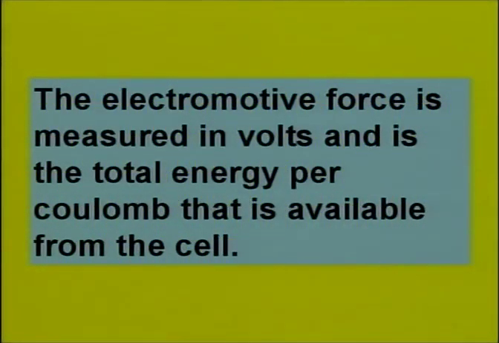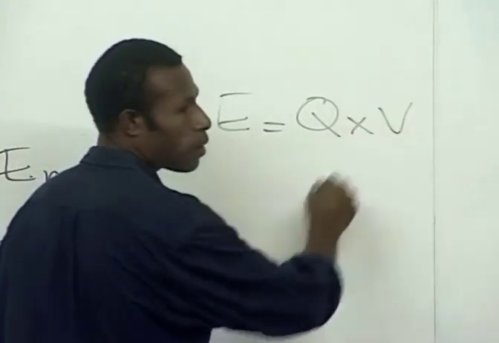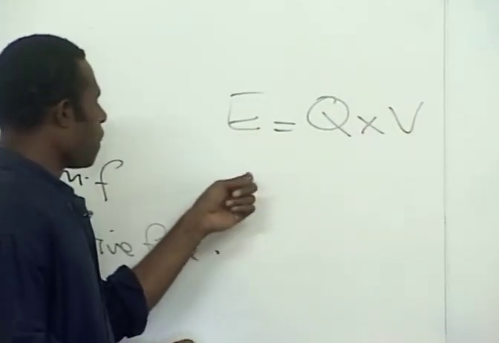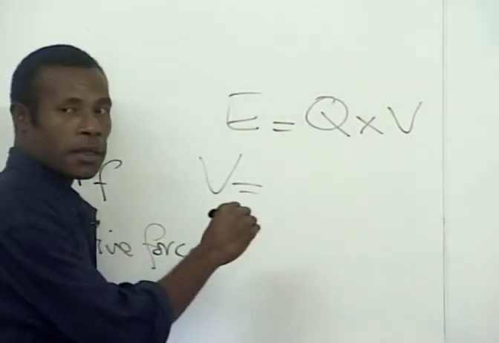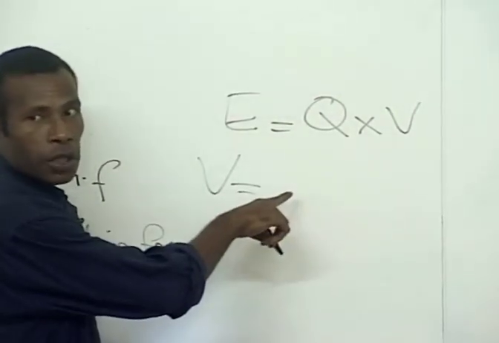Alright, the electromotive force is also measured in volts and is the total energy per Coulomb that is available from the cell. In our last lessons we looked at the energy which is given by Q times V. Looking at this V, we can simply have the energy applied by each Coulomb of charge.